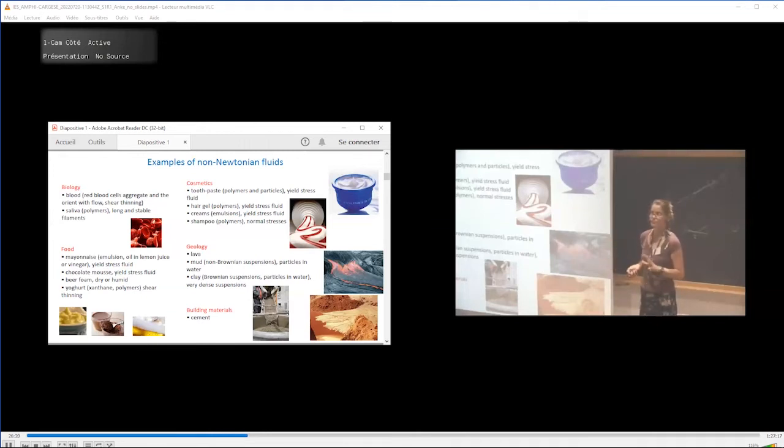But for the purpose of today, what I want you to realize, if you look at all of these systems, and I think that's what you've been pointing at, there's always some kind of mesoscopic structure. If I think about blood, I have a fluid which is more or less Newtonian-like, and I add the red blood cells. If I think about emulsions or cosmetics, there are often polymers, which are also a mesoscopic structure.